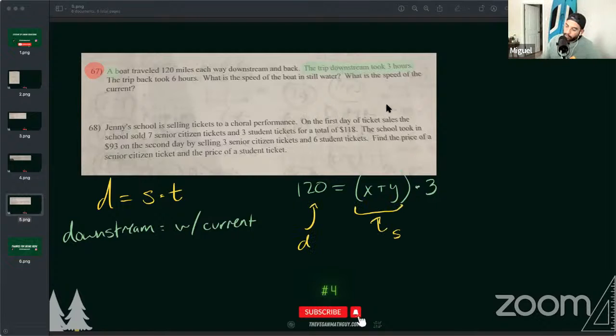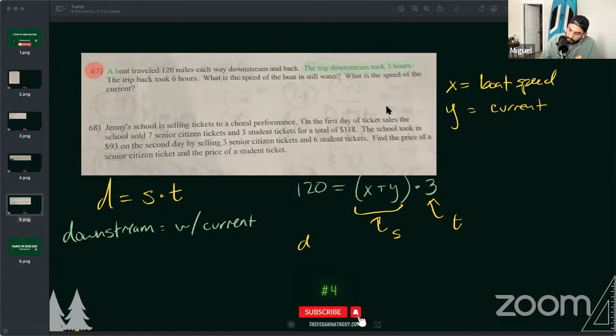This is the tricky part. Understanding that the current and the speed of your boat was your total speed. And we're going to have our time. One thing I didn't do is include that X is equal to your boat speed, and then Y is equal to your current. Okay, so just keep that in mind.